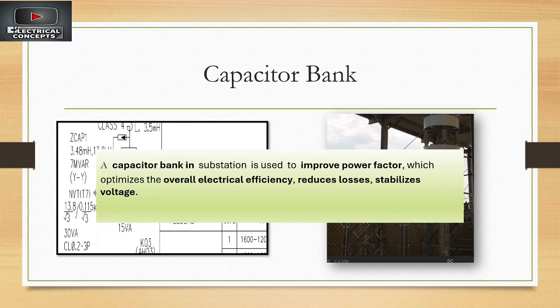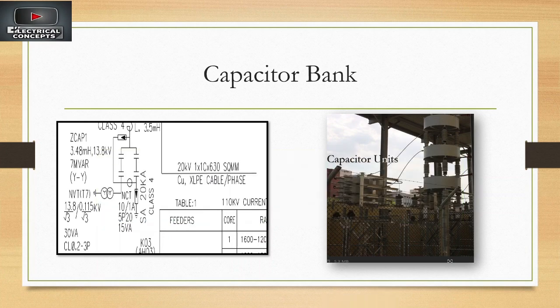A capacitor bank with reactor has capacitor units, current limiting reactors, porcelain insulators, lattice steel structure, foundations, CTs, VTs, surge arresters, which are shown in this single line diagram. It is also covered with a sunshade for protection from rain and sun, and also has fencing to avoid any unauthorized access.